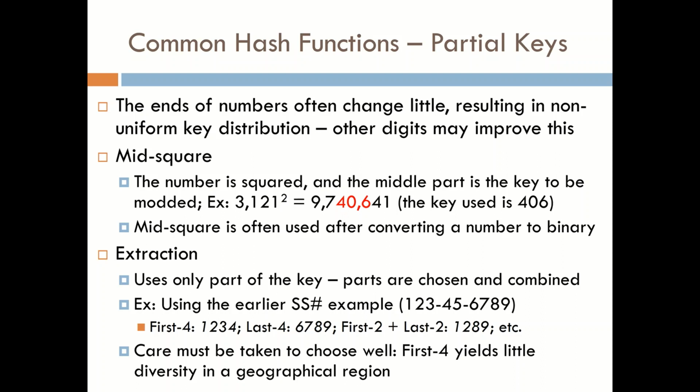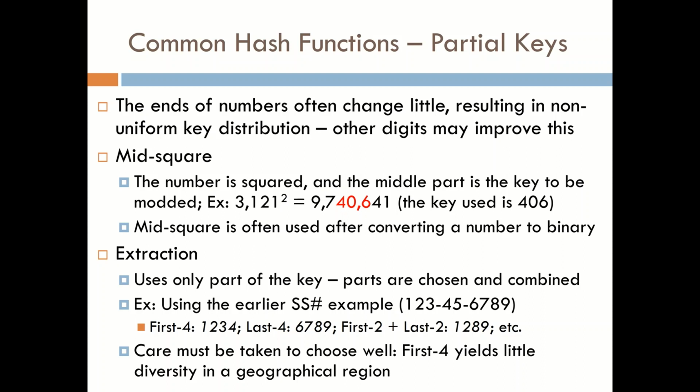If we're looking at digits, for instance, we only have 10 values at the end, and if we look at the last 2 digits, we only have 100 possible values. Those things tend to not change very much, so we can apply partial keys to extract some piece of information from the middle of a number or a string rather than using the end pieces.